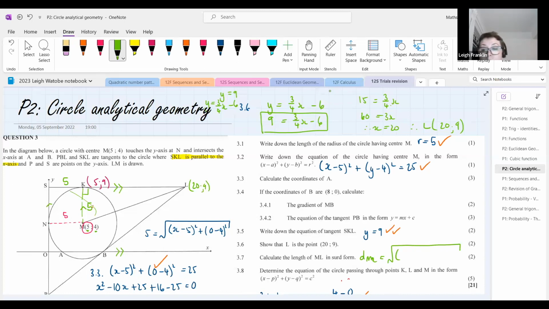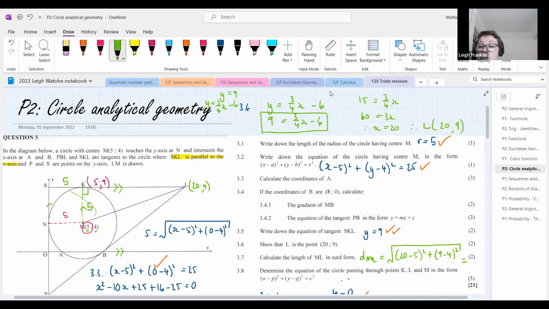So we could say here 20 minus 5 squared plus 9 minus 4 squared. Sorry, I'm kind of squeezing this in. The length of ML would be, I'm getting 5 root 10.